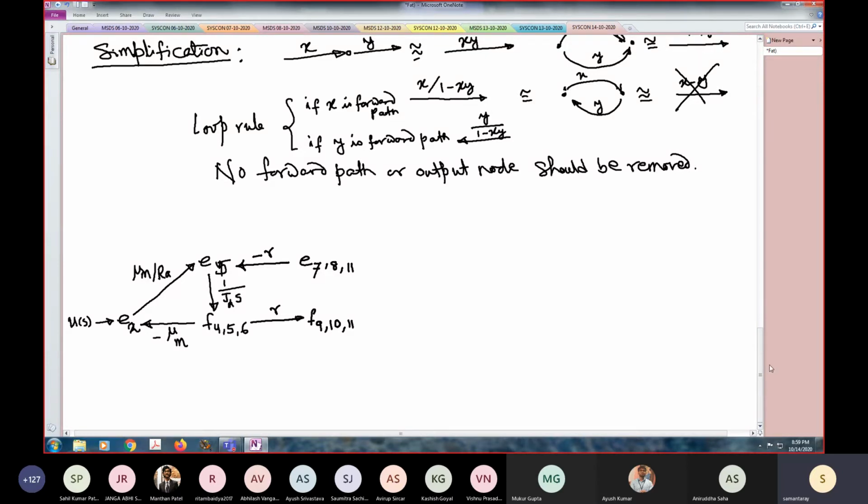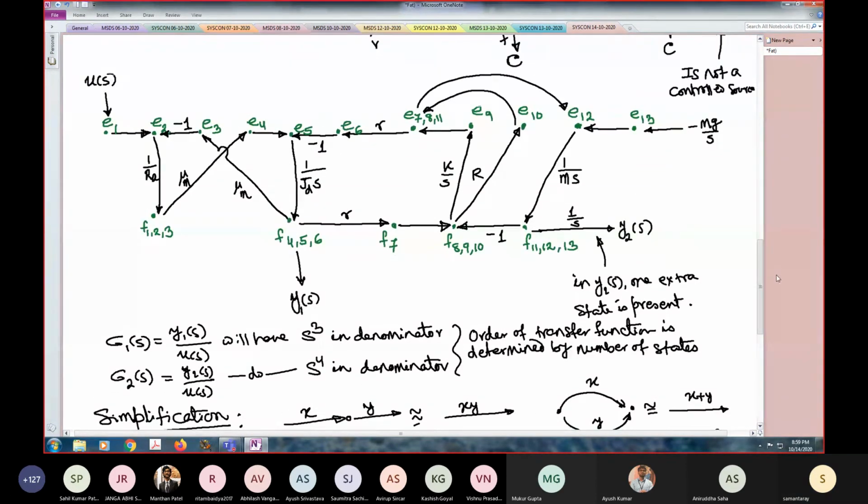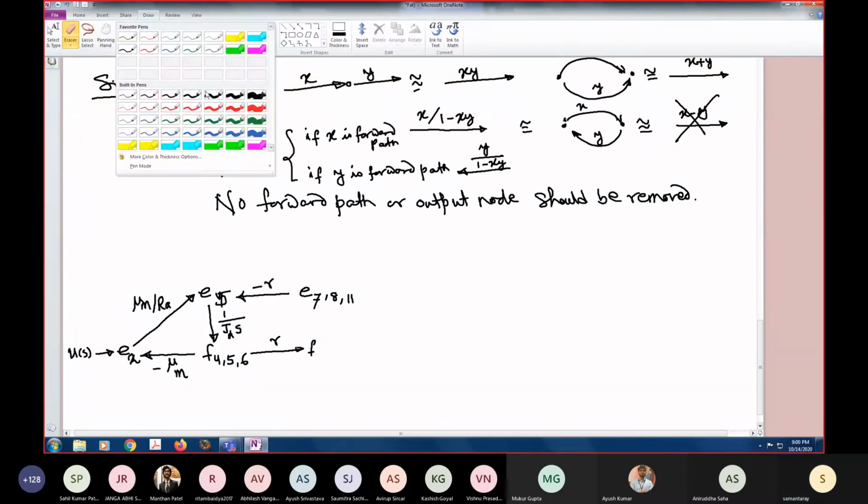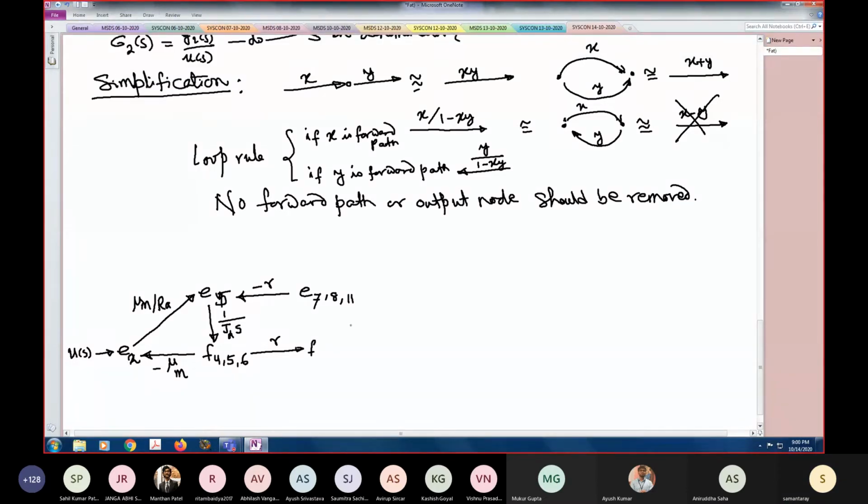Let's check. E7, 8, 11, F8, 9, 10. Oh, F8, 9, 10. E7, 8, 11, F8, 9, 10. Eight is common between them.